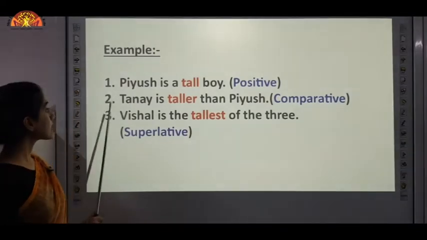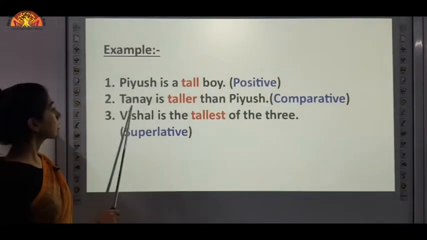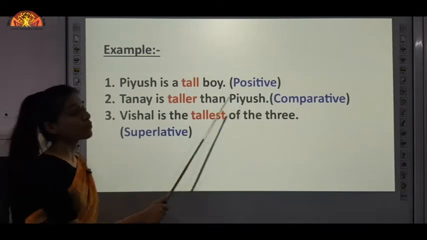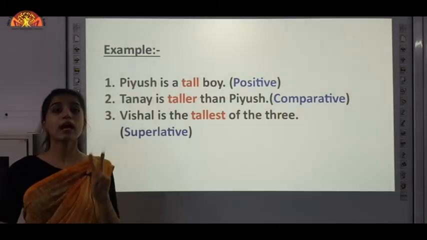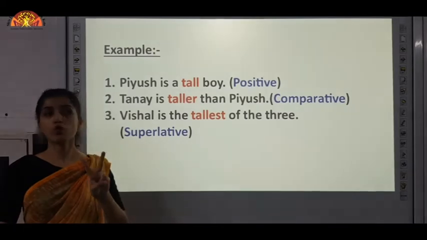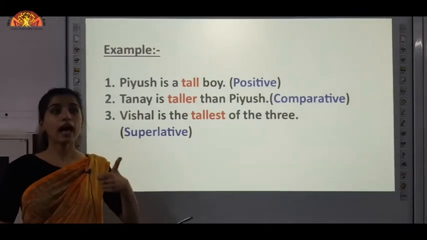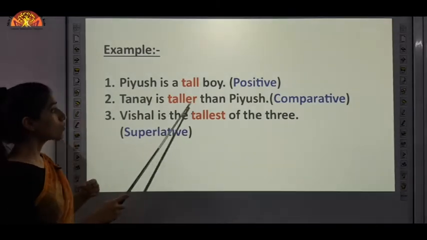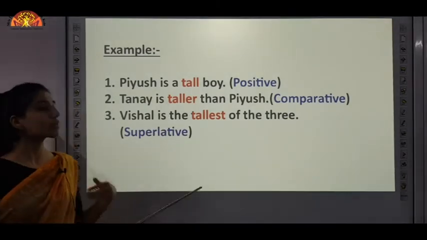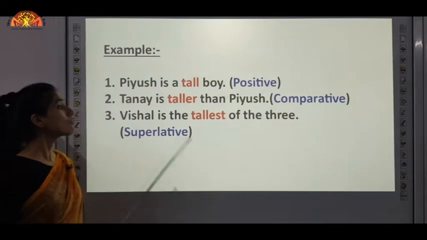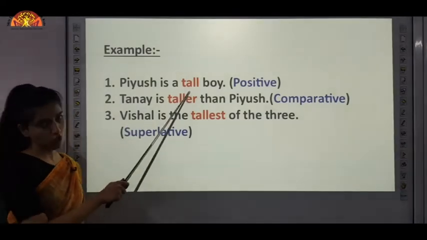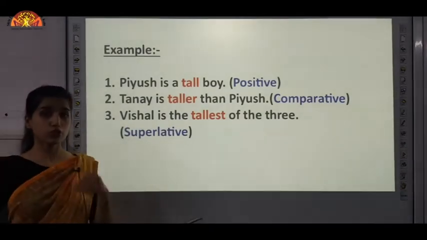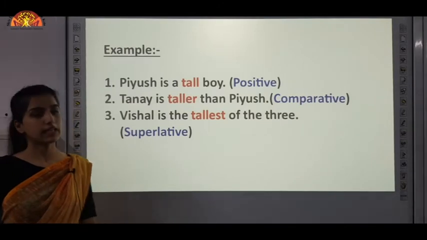But in the second sentence, Tanay is taller than Piyush. I am comparing 2 persons over here, Tanay and Piyush. So I use the word taller to show the comparative degree of the adjective tall. I added ER to show the comparative degree.